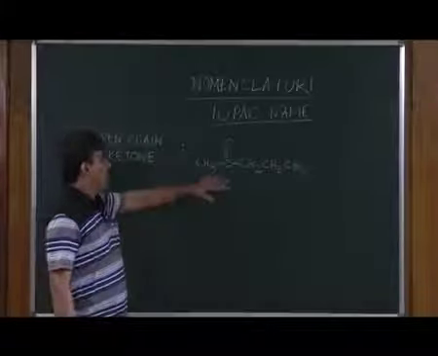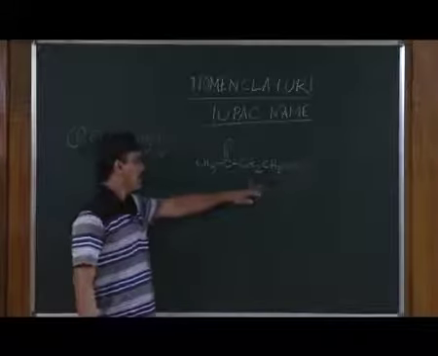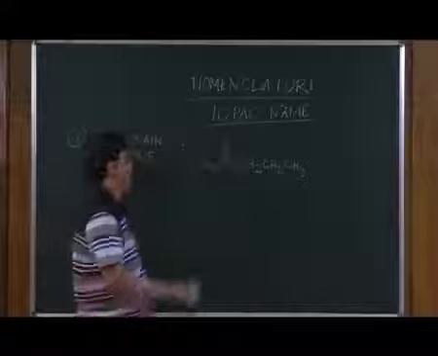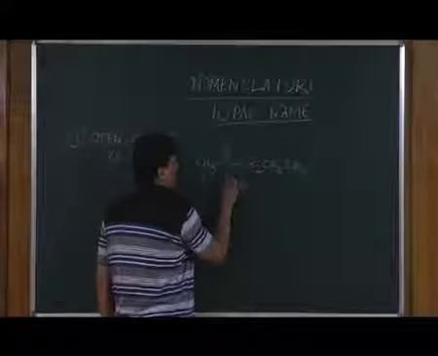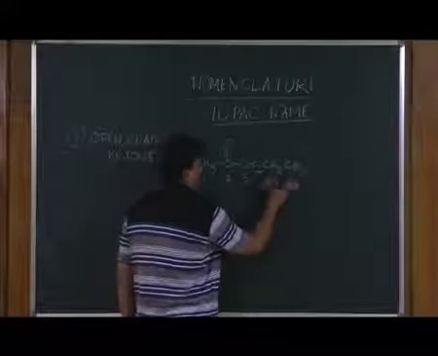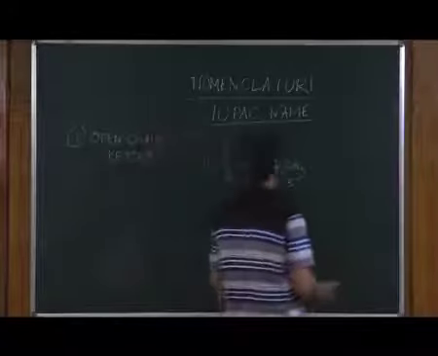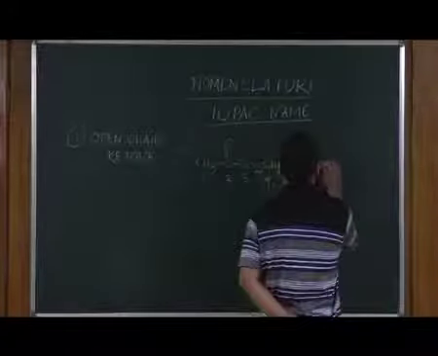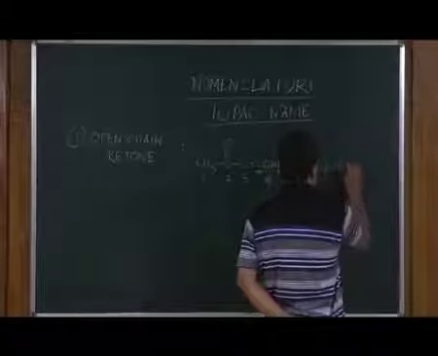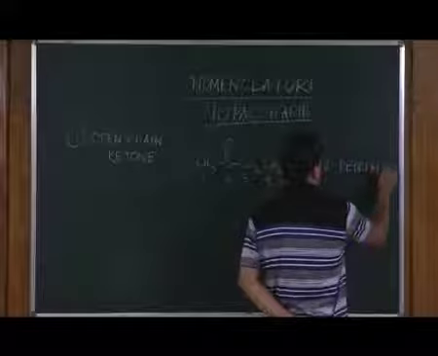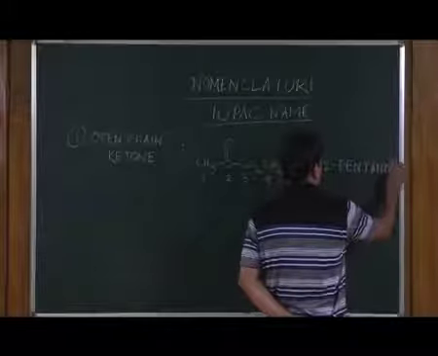So, this is the longest chain, this is the parent chain, and now the minimum number for the carbonyl will come from this side.